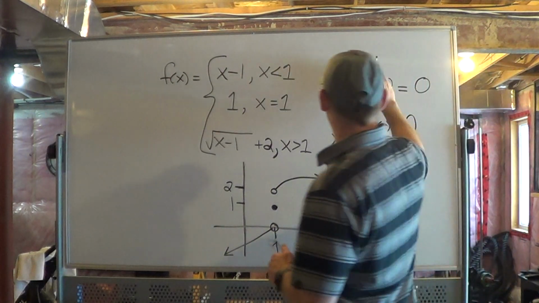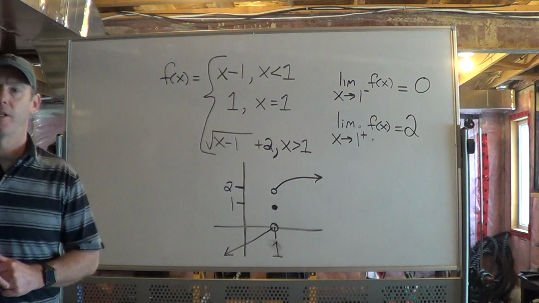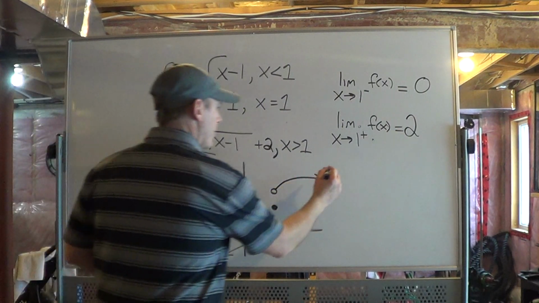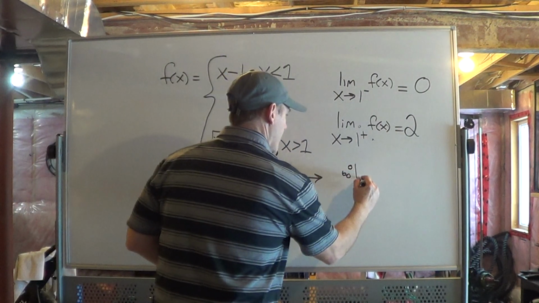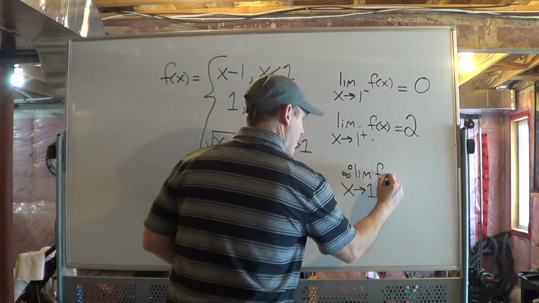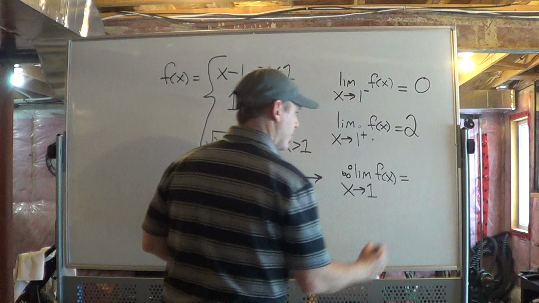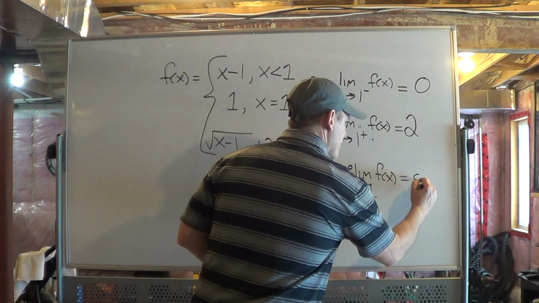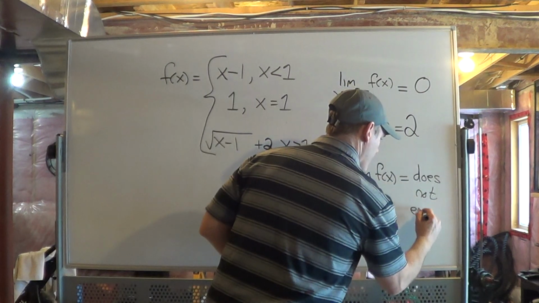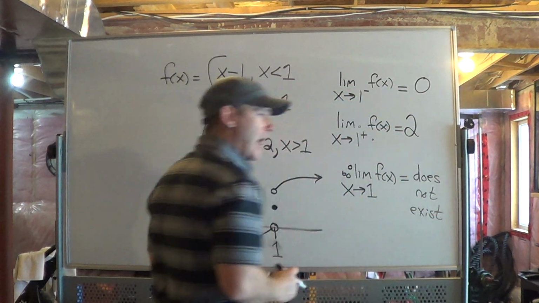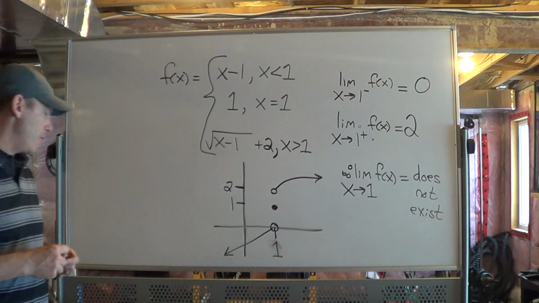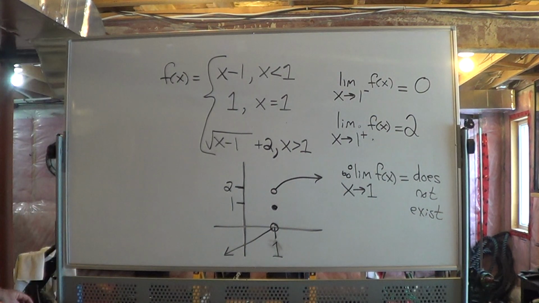Because our left-hand limit and our right-hand limit do not equal each other, we say the limit as x approaches 1 of this function does not exist. That can happen in math where we don't get an answer. There's no answer this time out. It just does not exist.